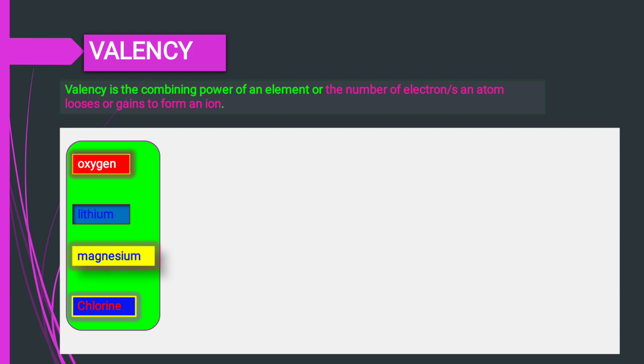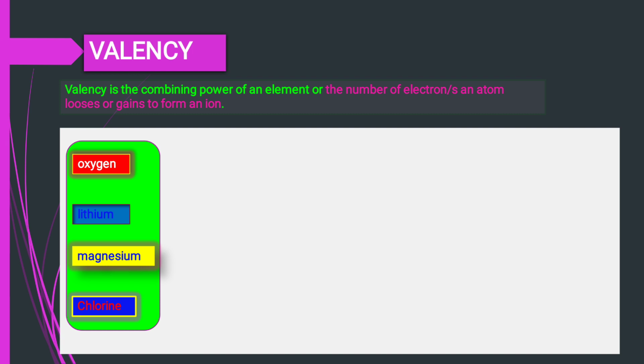So when we speak about oxygen, for example, oxygen is atomic number 8. That means that it has 8 protons and 8 electrons. The electrons are usually arranged in the energy levels as follows.